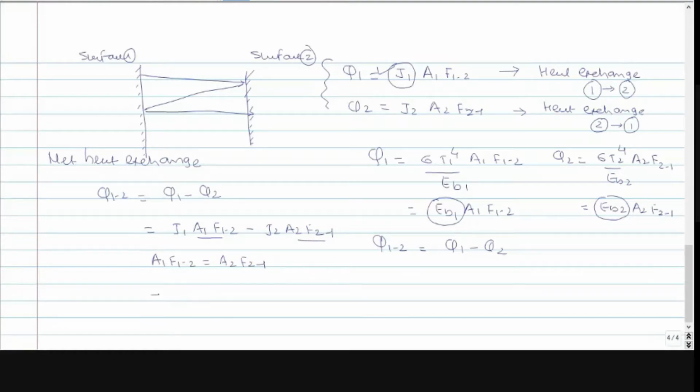So we are taking the common term. We can write A1 F12, in the bracket J1 minus J2, or in other words we can write A2, sorry, into F21, in the bracket J1 minus J2.